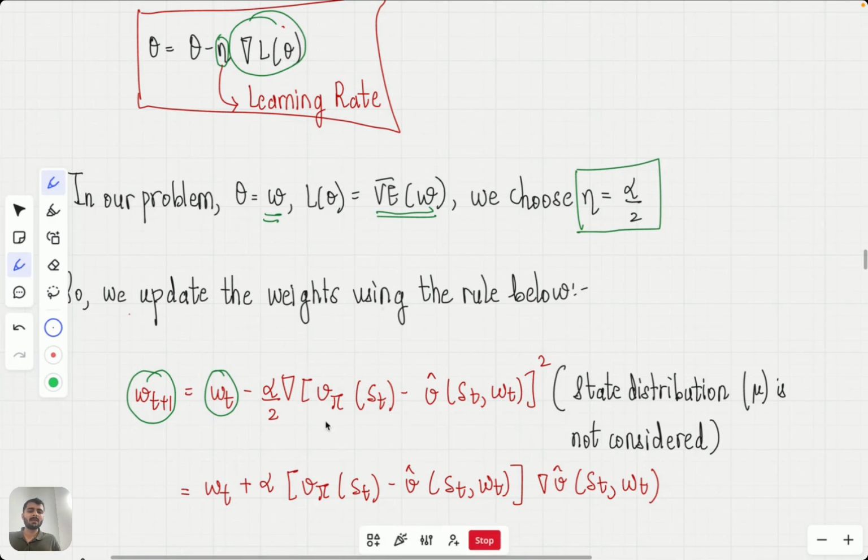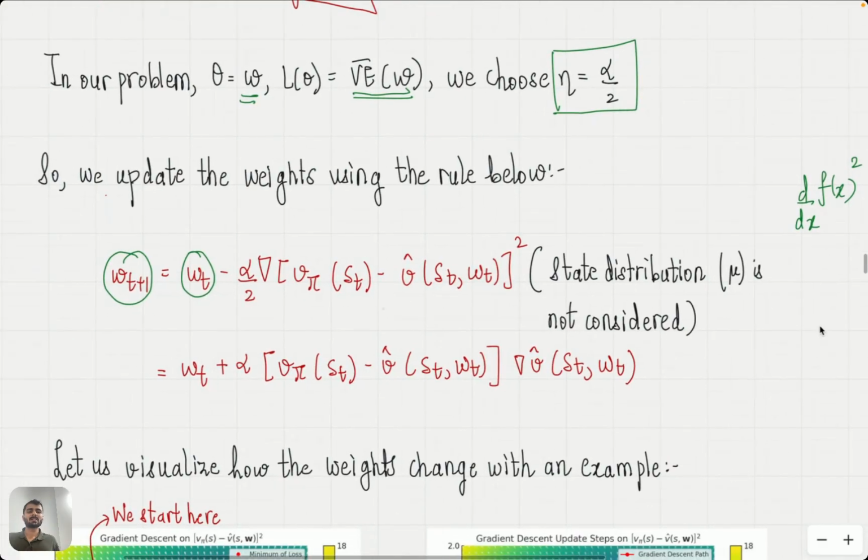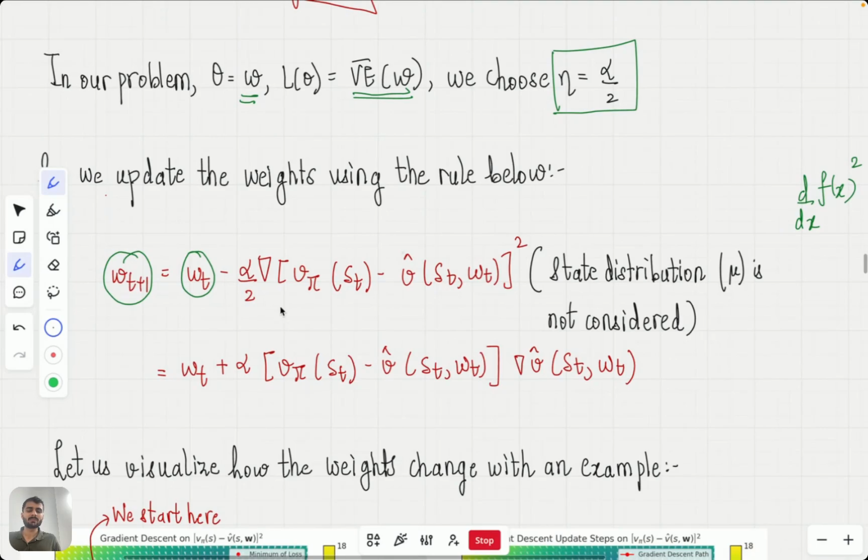Now, when we take a gradient of square of any function, so for example, if you have f of x squared, and you take d by dx, then what you get is 2 f of x into df by dx. This comes from the chain rule. So this is exactly what we do over here. When you multiply, this 2 comes at the bottom, and this 2 comes at the bottom.